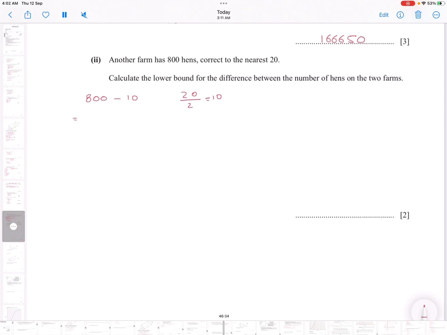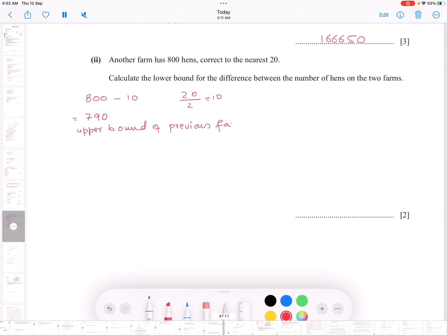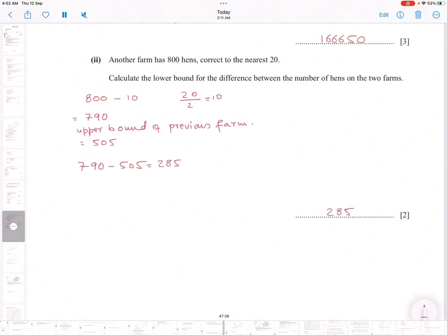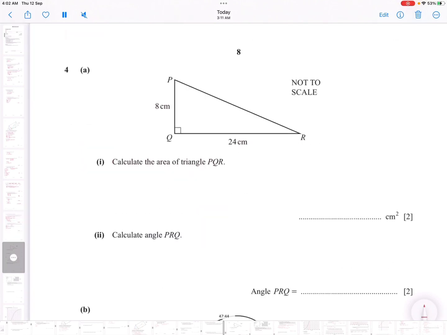As I said, whenever the examiner writes any value after the word nearest, you always divide it by 2 and use that value for the upper limit or lower limit. So 800 minus 10 is 790, and the upper bound of the previous farm was 505. So 790 minus 505 gives you 285. This is the answer he needs.